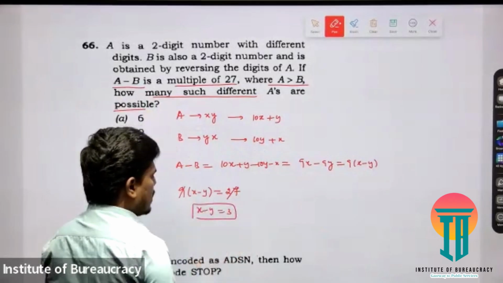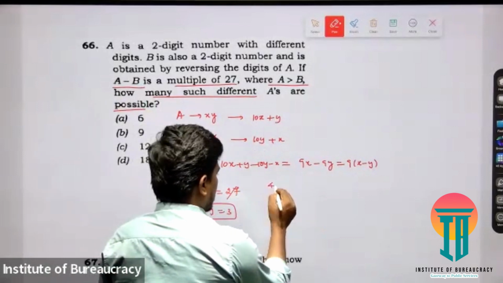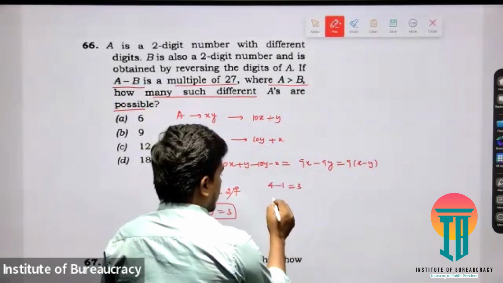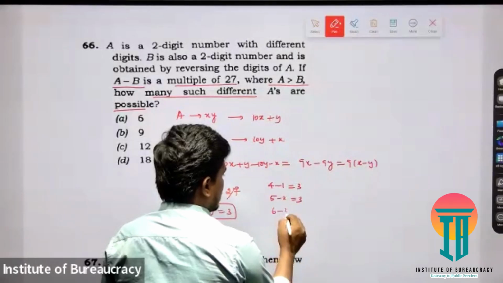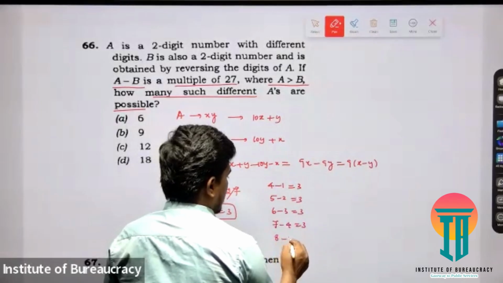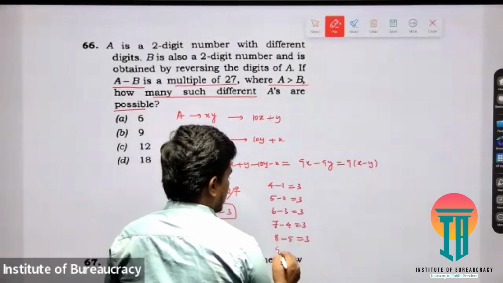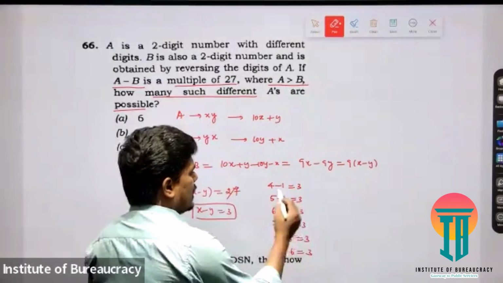How many possibilities are there? X minus y is equal to 3 is going to come. So it is what? 4 minus 1, that is 3. 5 minus 2, that is 3. Then 6 minus 3, 7 minus 4, 8 minus 5, 9 minus 6, that is 3 each. Right? Each one is a number.